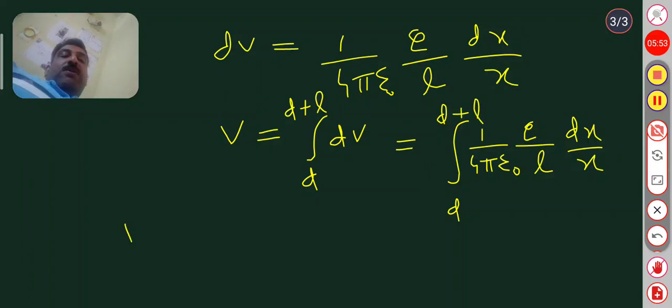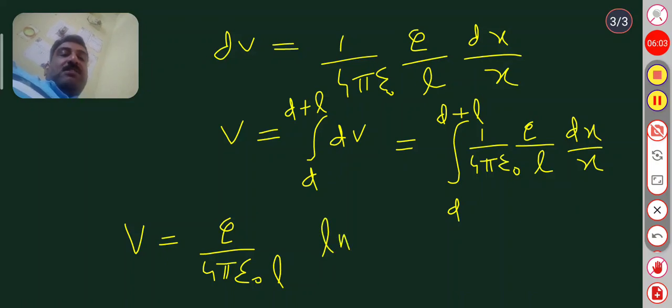So you will get Q by 4 pi epsilon 0 L, with L coming out, and the integral of dx by x is the natural logarithm of x.